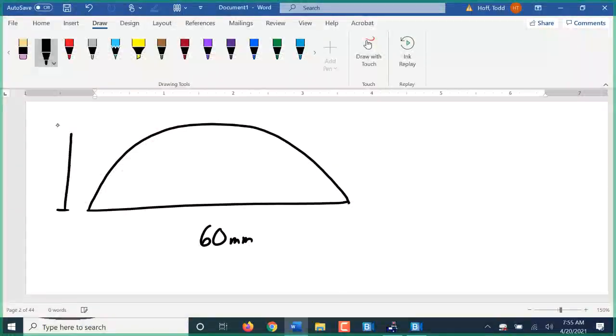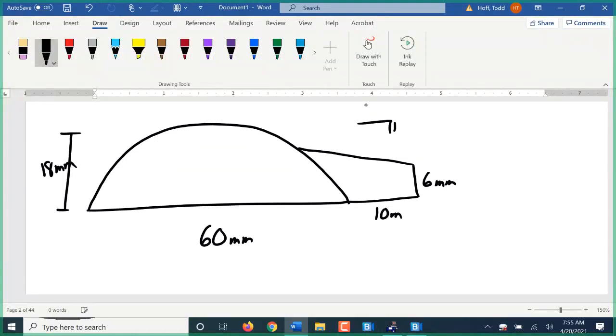And this is going to be, do I want 18? Yeah, 18 will work. 18 millimeters there. And then I'm going to come out here 10 millimeters, 6 millimeters, and we're going to do a 1:3 aspect ratio there.